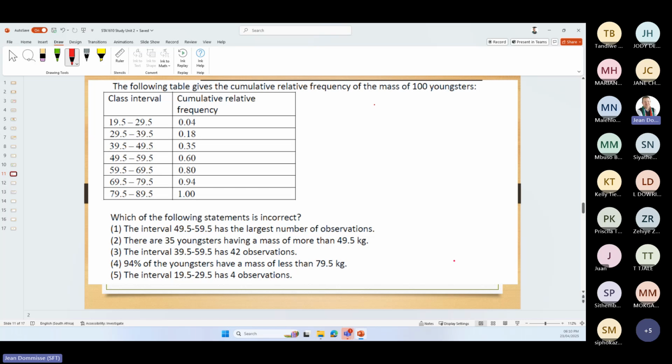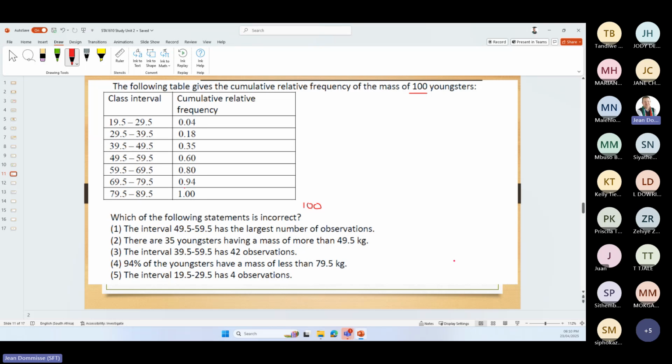Okay, they tell us there are 100 students. So I think that's the first thing that I will look at: okay, we've got 100 students.